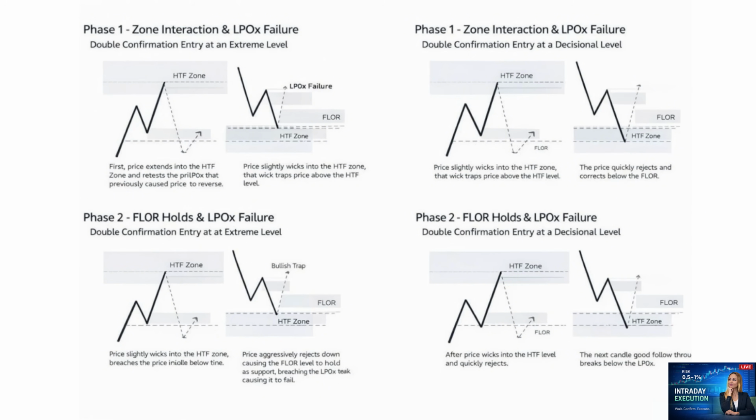Now let's take a quick look at the supply level continuation entries. Similarly, we can see that the extreme takes liquidity and no decisional is present within the leg. So we would trade the extreme.